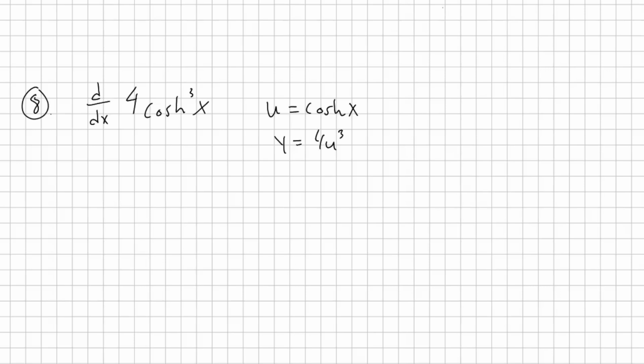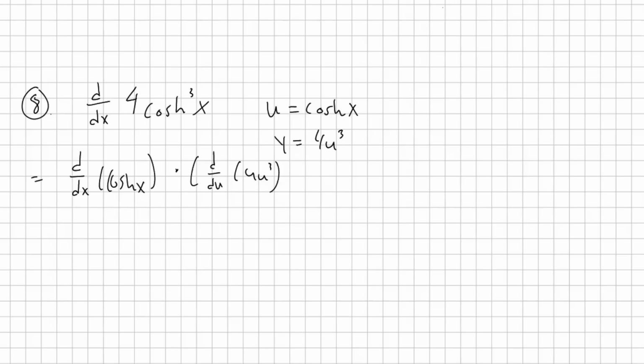So I'm going to take the derivative of cosh x and multiply that by the derivative of 4u cubed. Sorry, this should be a u.